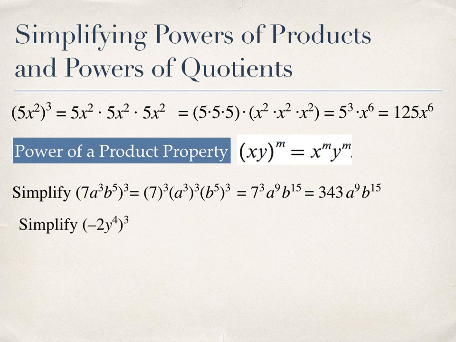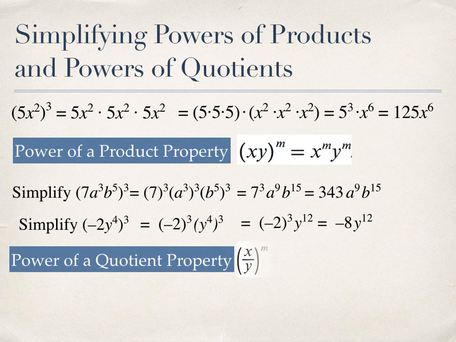So what happens if I have a negative number, a negative coefficient? Well, I'm going to still apply this same rule of cubing each factor separately. And when I cube -2, the answer is -8 y to the 12th.